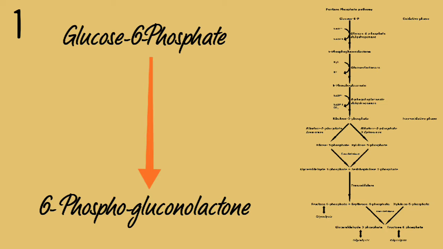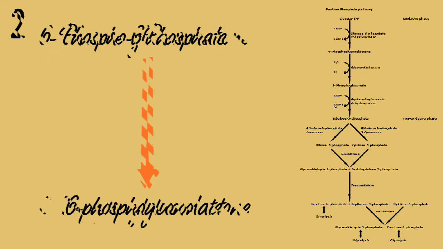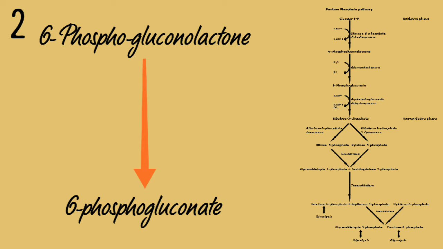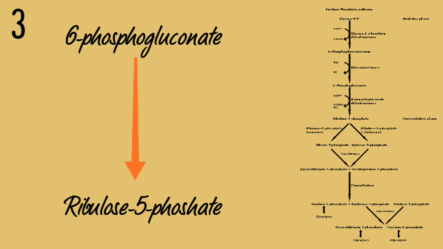The oxidative phase starts with the oxidation of glucose 6-phosphate by the enzyme glucose 6-phosphate dehydrogenase to 6-phosphogluconolactone. NADP plus is the electron acceptor here, producing one molecule of NADPH. The second step: 6-phosphogluconolactone, which is produced in the first step, is then hydrolyzed by gluconolactone hydrolase to 6-phosphogluconate.